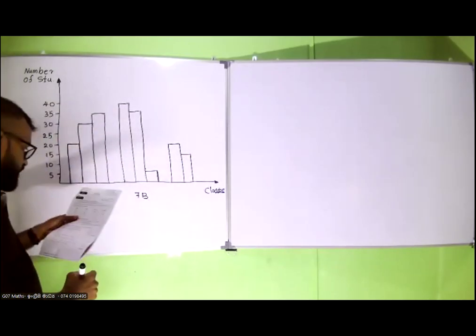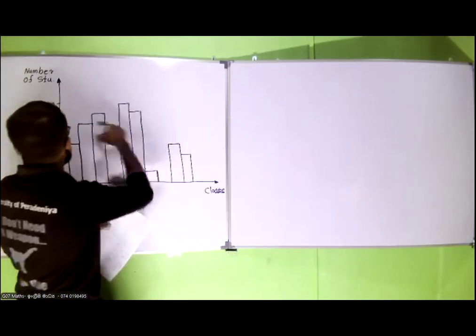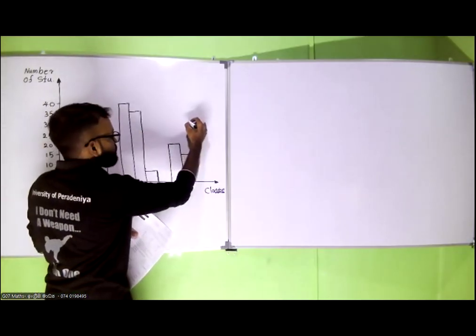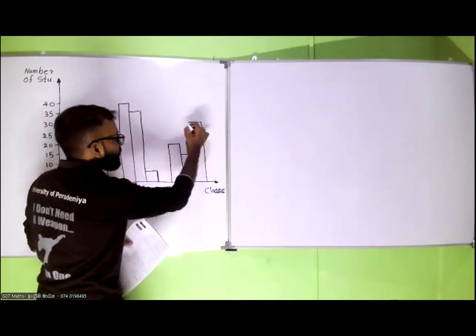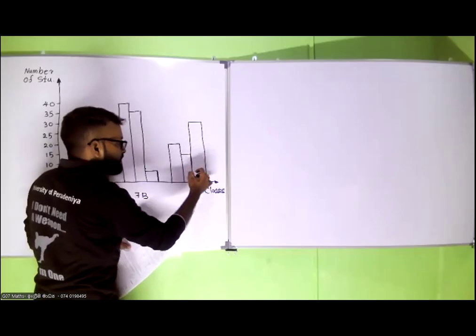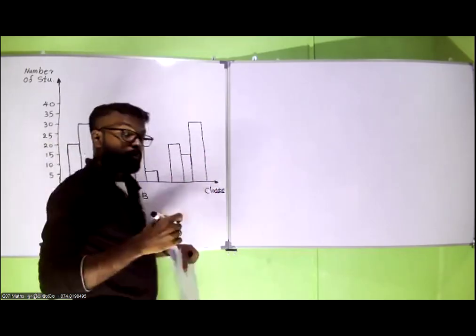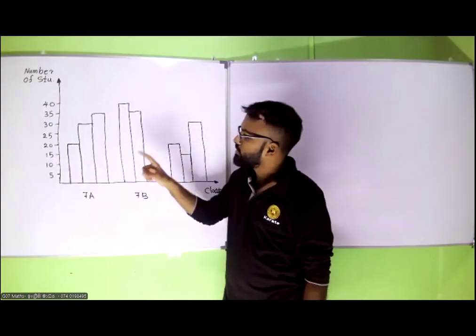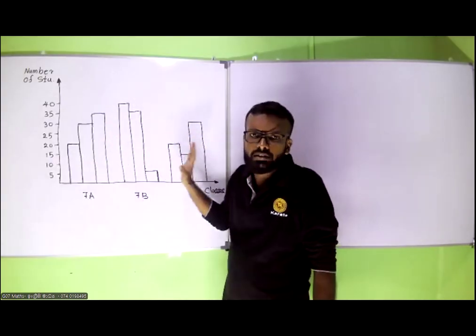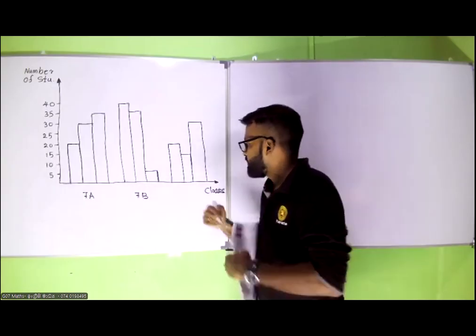Then 30 students right here. Now this is not the complete bar graph. All the data is here: 7A, 7B, and this is 7C.